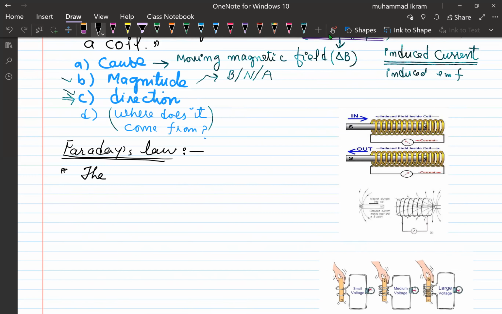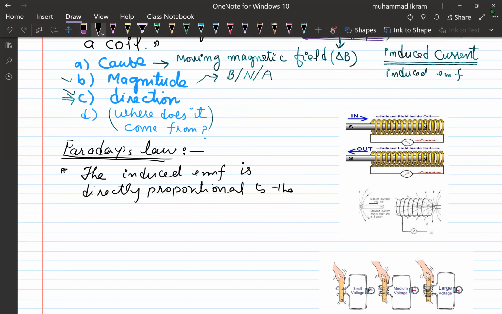The induced EMF is directly proportional to the rate of change of magnetic flux.